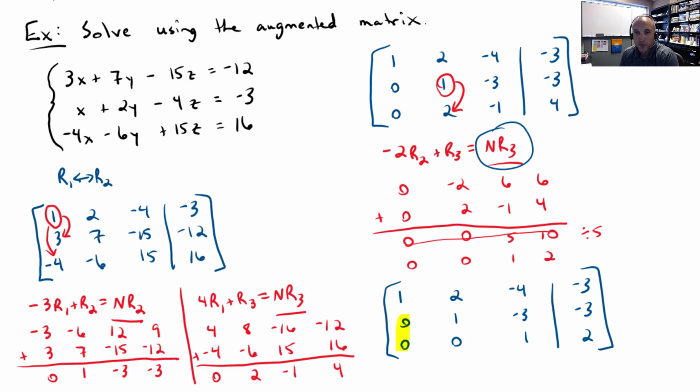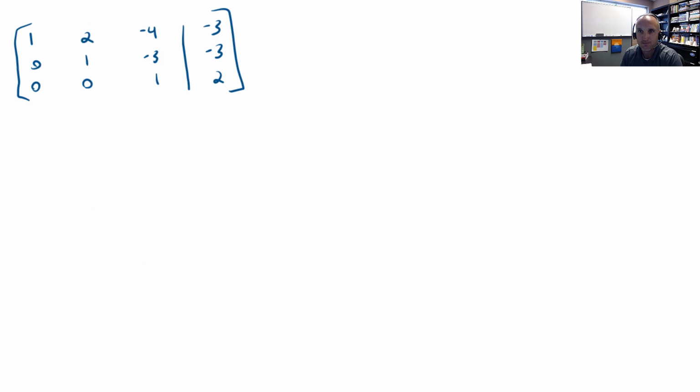When we do this, we can see our lower triangle of zeros here. And once we've got this in row echelon form, we can go ahead and proceed with back substitution, working from row 3 up to row 2, and then from row 2 up to row 1. Okay, so in row 3, we can see that 1z equals 2.